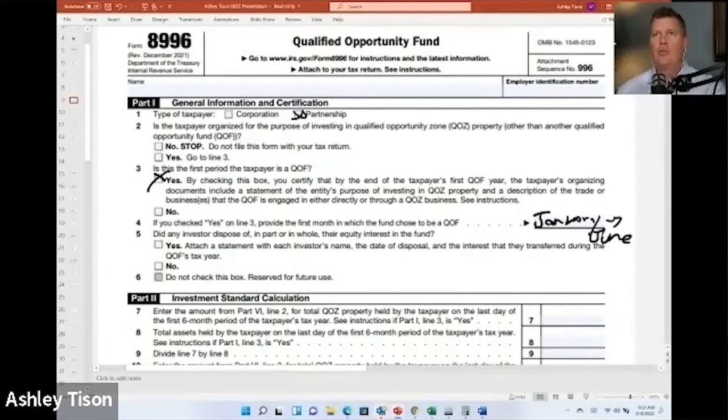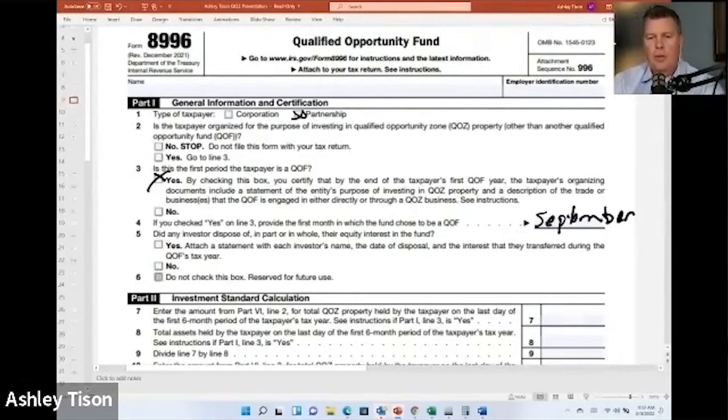If you set up and put your money in between July and December, you're not going to have a second one. So if this is, let's say, September, you're going to end up not having a first 6 month test. And you'll see that in effect when we get down here to part 2.